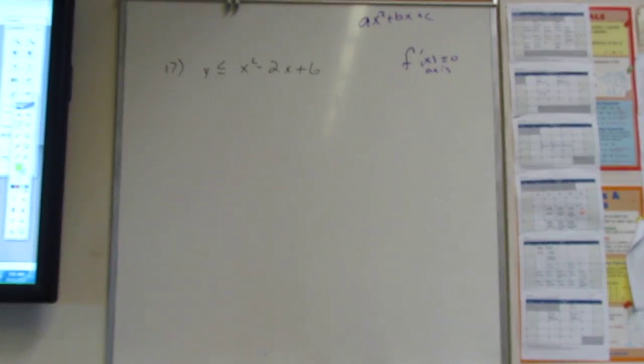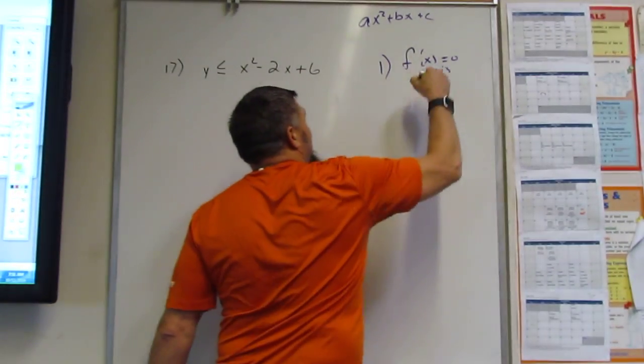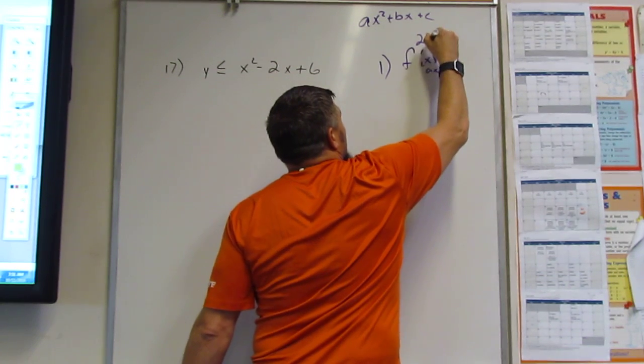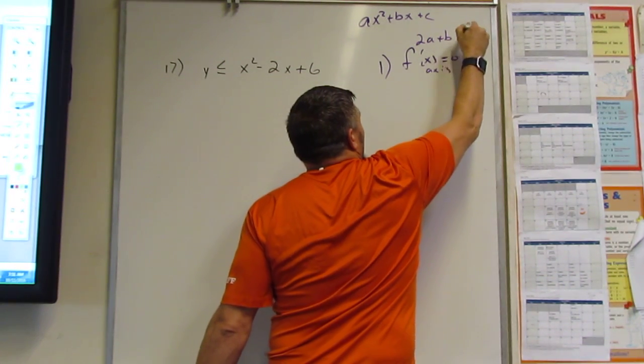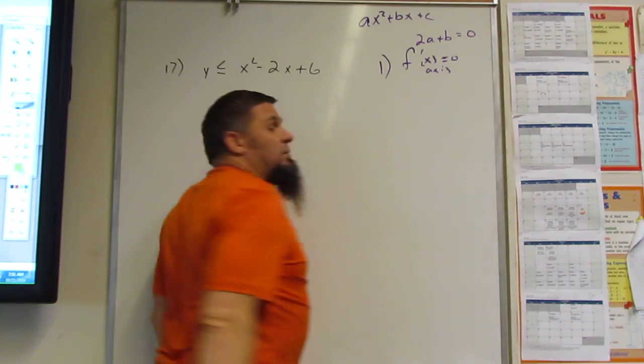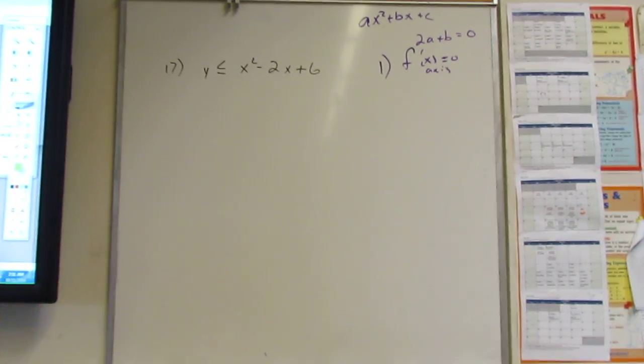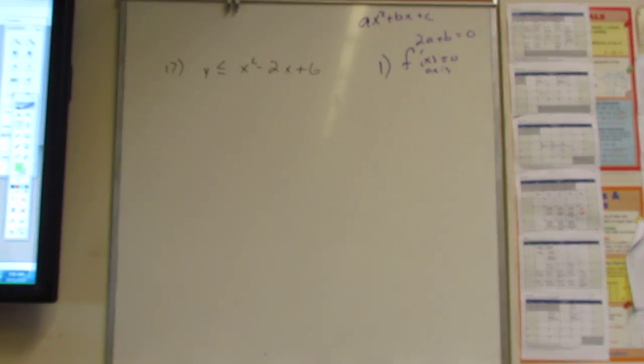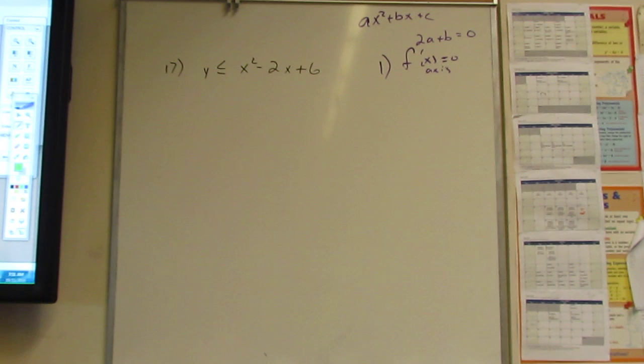The first way to think of this step 1 is basically just 2a plus b equals 0 and solve, if you don't want to do the calculus. But what I'm trying to set you up for is calculus. We're in trig. Calculus is not scary. There's nothing scary about it.